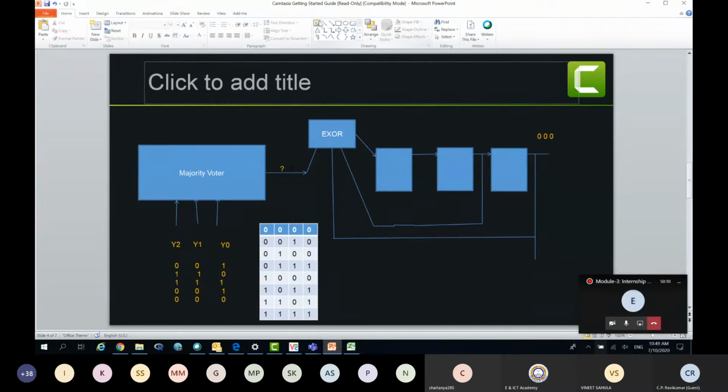What should be the output? For the 001 case, the simulation will tell me that it should be 1. Sorry, 0. Right? And for the case of 110, the output is 1. The case of 111, the output is 1. The remaining two cases are 0, 0. So this is the sequence that is going to enter here.